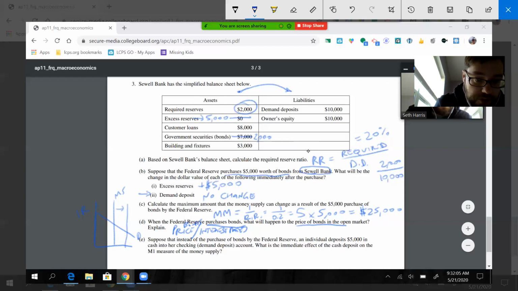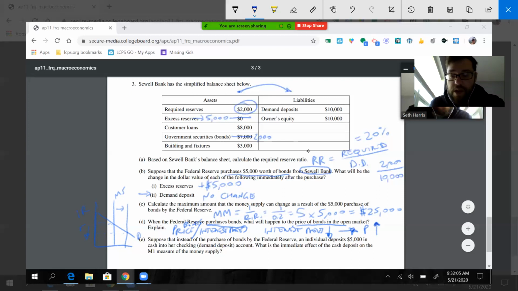So what happens to interest rates? So if you look through your points here, okay, rates are clearly decreasing, right? So if we know that, all we need to know is what direction the price of bonds is going. So if interest rates are decreasing, then the price of bonds has to be increasing.